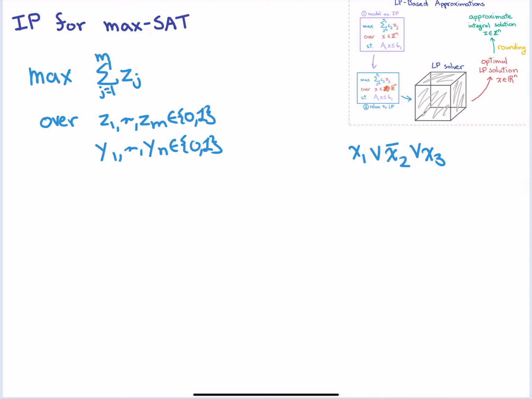The formula itself has x's, and each yi corresponds to xi. So yi is equal to 1 if I'm going to set xi to be true, and yi is 0 if I set xi to be false. Okay, so take a clause like x1 or not x2 or x3. I want to come up with some inequality that says I should only be able to set that clause to be 1, like I get 1 point for the clause, if one of those variables helps me out.